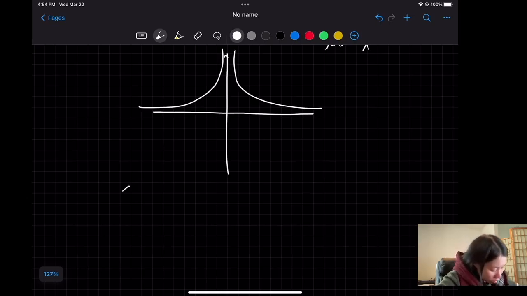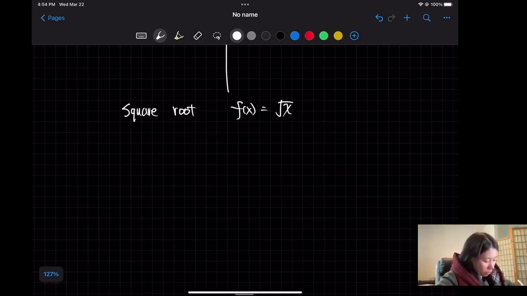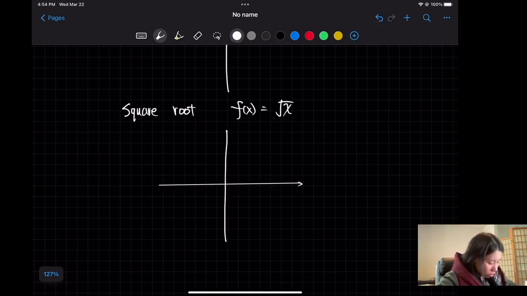The next one is the square root function. The square root function is f(x) equals the square root of x. The function looks this way.